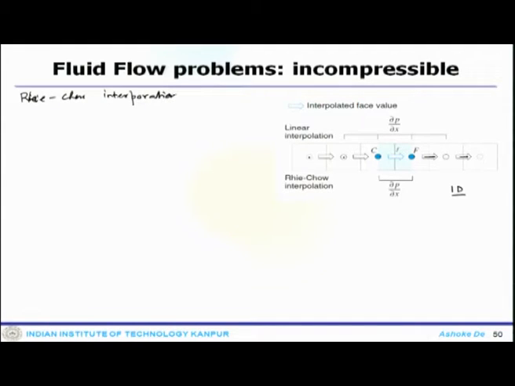What does it do? In this method, it constructs a pseudo momentum equation at the element face with its coefficients linearly interpolated from the coefficients of the momentum equation based on the cell center. Now, how is it done mathematically?